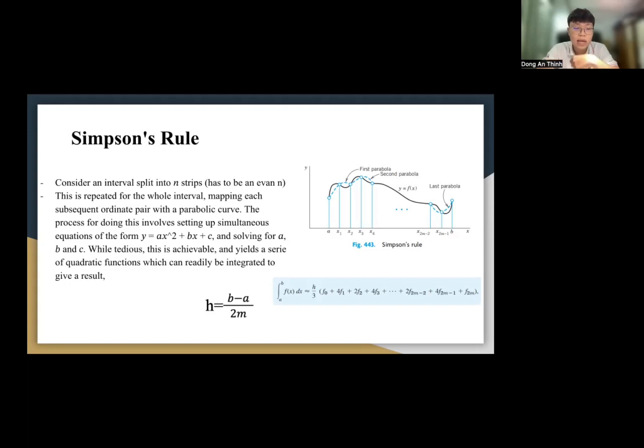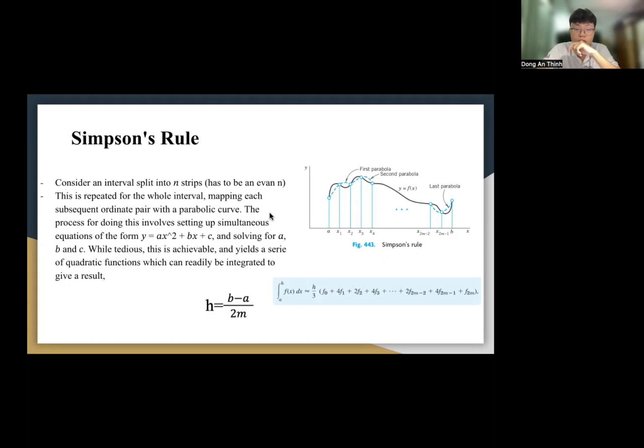It will have the following x ordinates x0, x1, x2, and corresponding y ordinates. A parabola is mapped through the integral, like x0, y0, x1, x2.